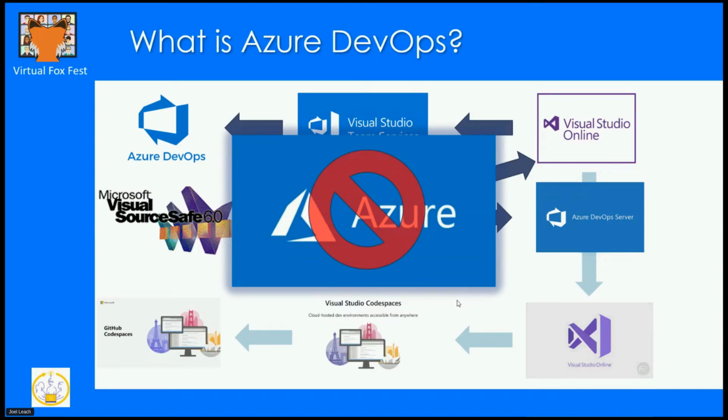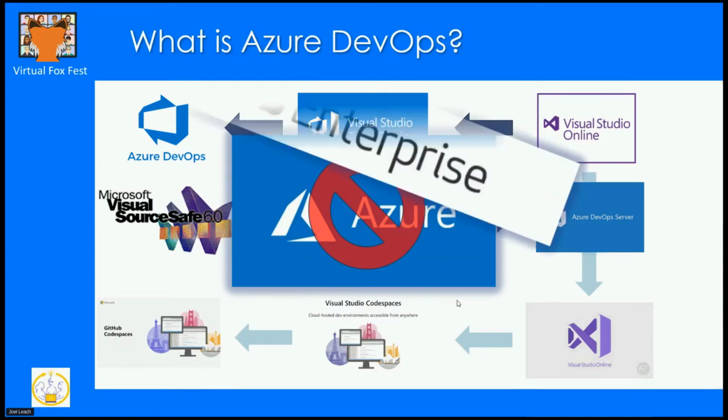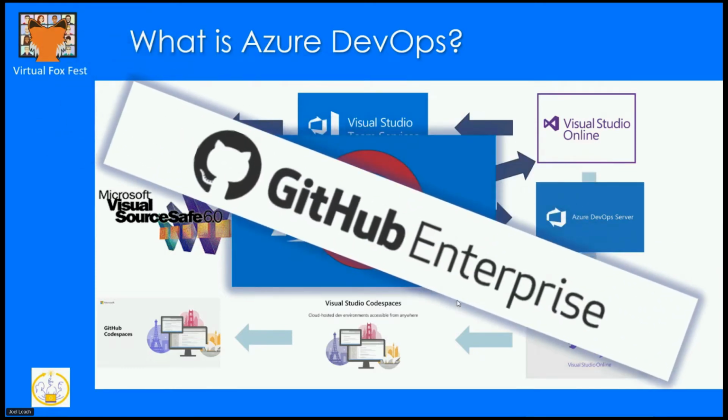You can use it with pretty much any cloud service and even your own on-premises servers. And word on the street is that Azure DevOps will eventually merge with GitHub Enterprise, although if that actually does happen, that's going to be years away from now. So you got all that? Good old Microsoft branding.